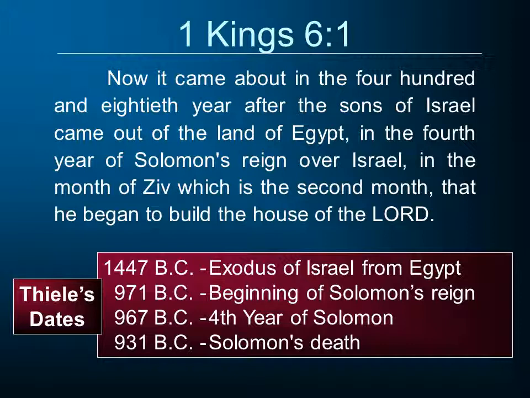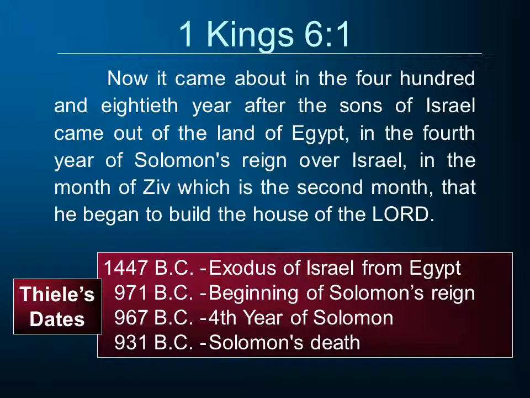So again, those are Thiel's dates. Now remember, when we have the 480th year, I think he's speaking literally, and yet not with rigid literalism. In other words, this number might be rounded off just a bit. If we're coming to the nearest 10, it might be 479 or 481. Yeah, that's allowed.